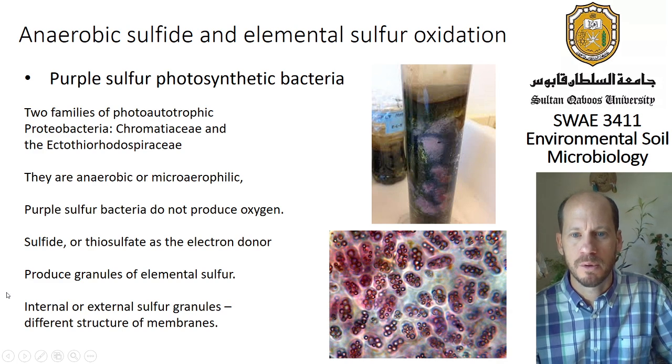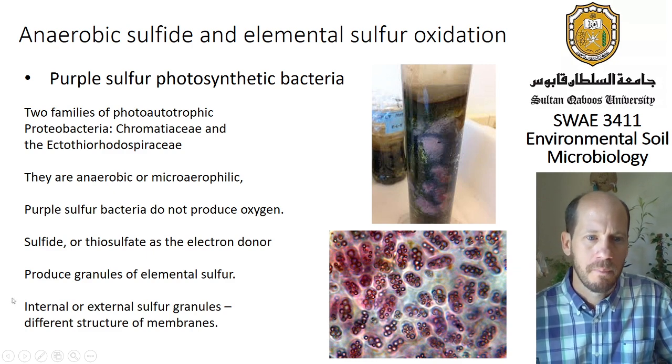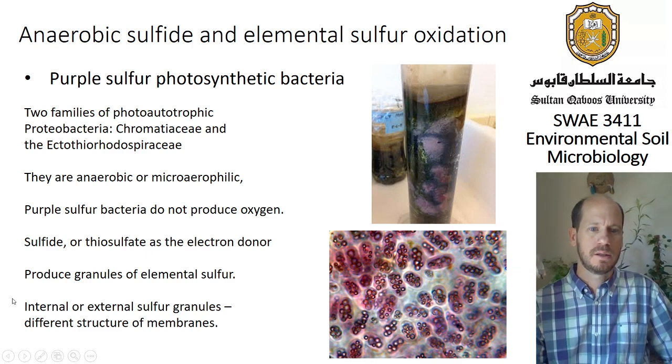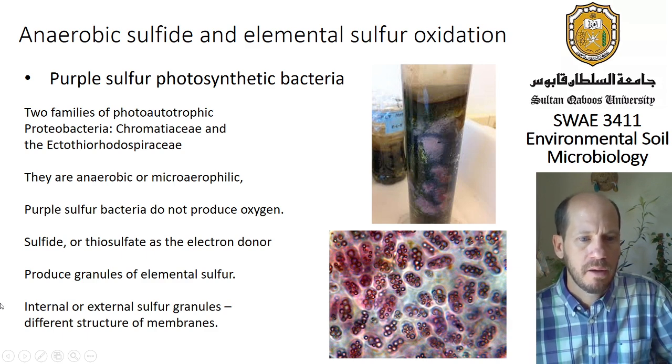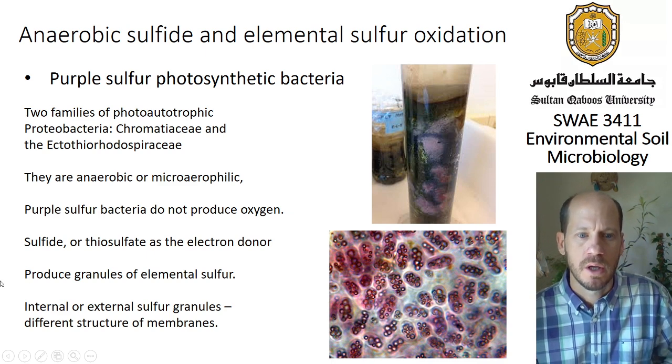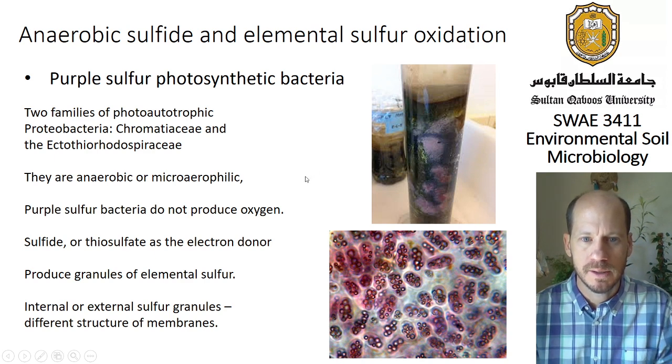These granules can be deposited either inside the cells or outside the cells, and there's a different classification for the microbes based on this type of precipitation of elemental sulfur. There are also different membrane structures, which are used to classify these microbes. So it's not a single mechanism, but is quite broad and interesting.